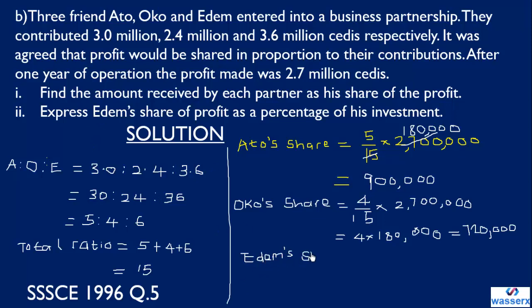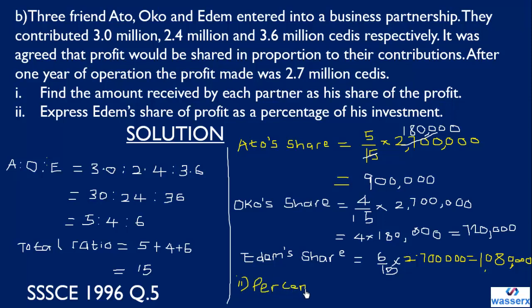So Edem's share of the profit will be equal to Edem's ratio, which is 6 over the total ratio times 2.7 million. And this gives us 1.08 million.